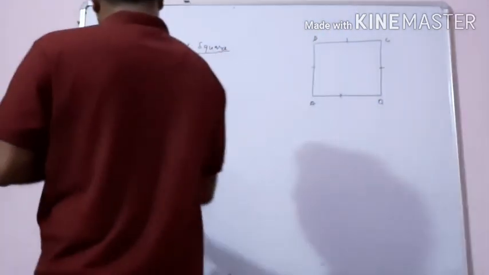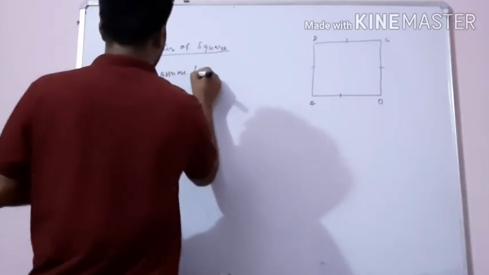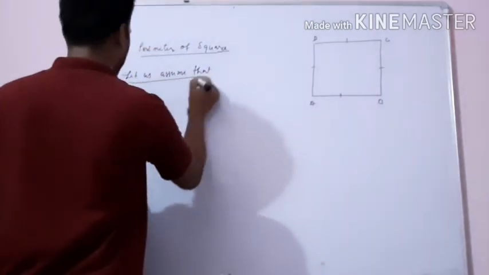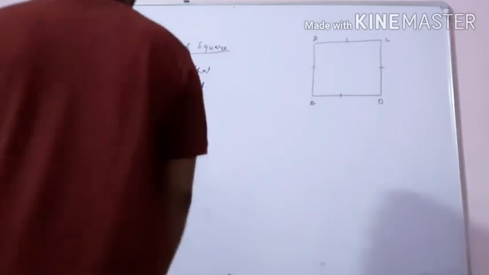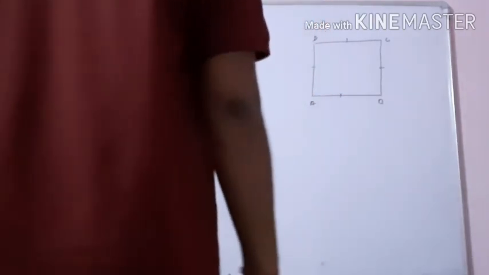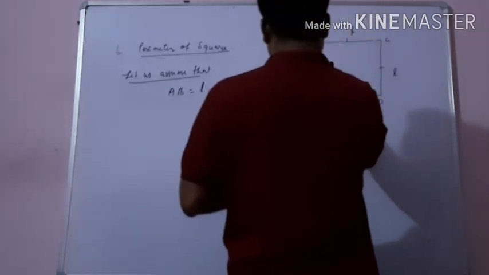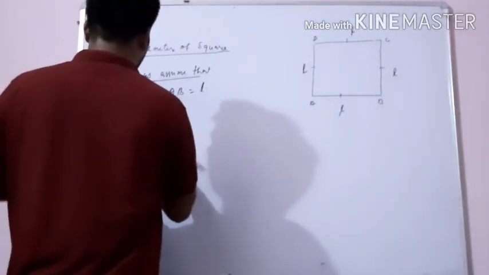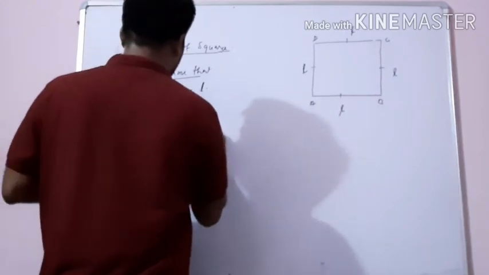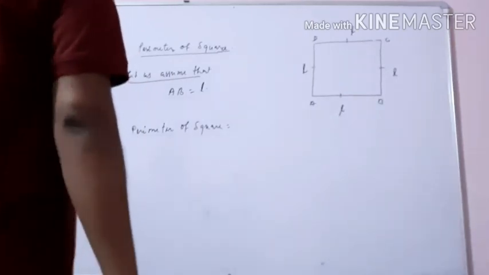Now let us assume that AB is equal to L. What is the length of AB? The length of AB is L. Now the perimeter of a square, or of any closed figure, is given by the sum of all sides.